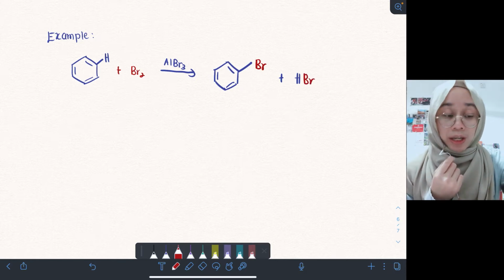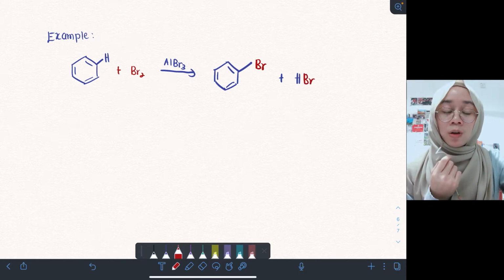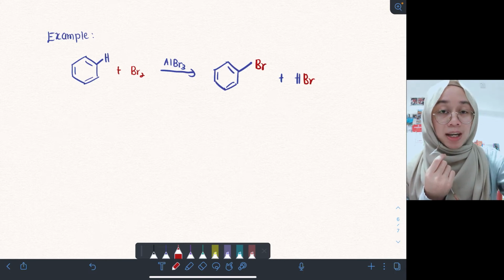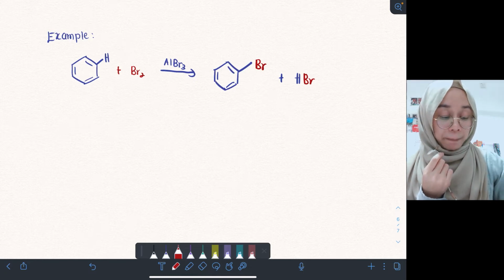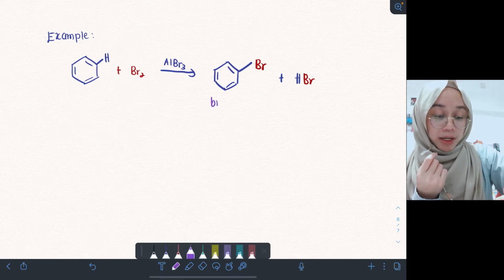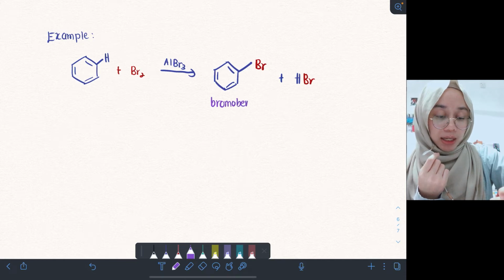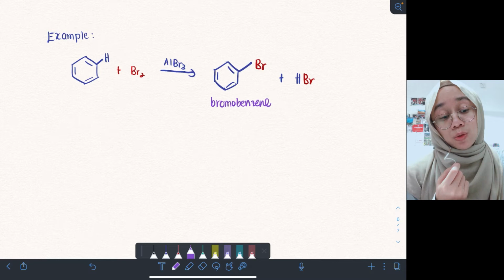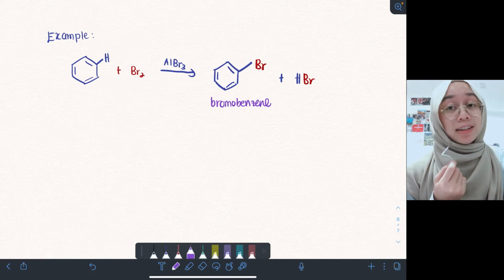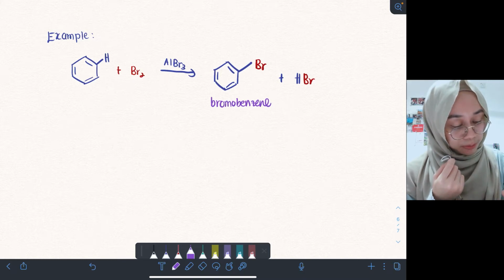Okay, so you get this. So nanti untuk chlorine kamu buat benda yang sama jugalah. Okay, so just tukar Br2 tu jadi Cl2, and then your Lewis acid pun make sure yang berkaitan lah. Okay, so ini nama dia bromobenzene. Okay, so let's go to the second reaction, okay, which is nitration.